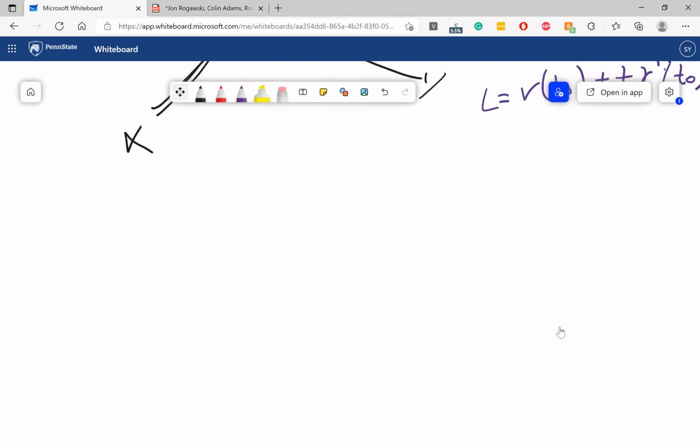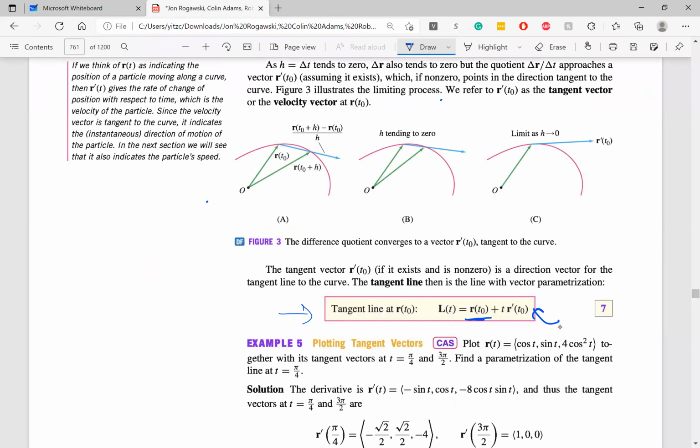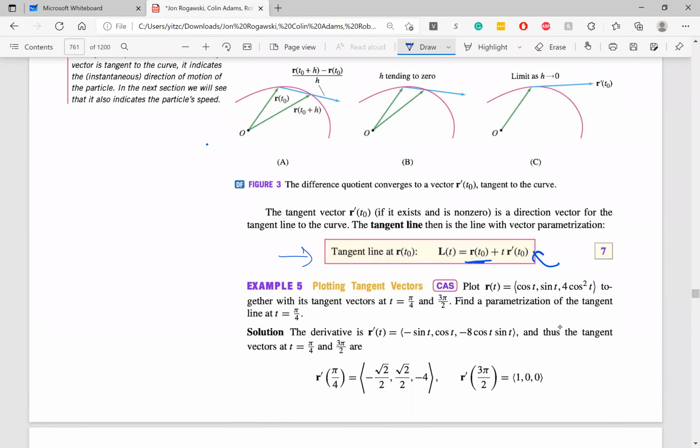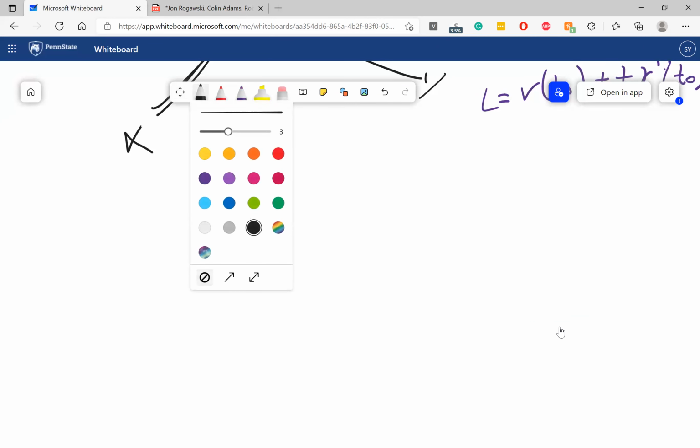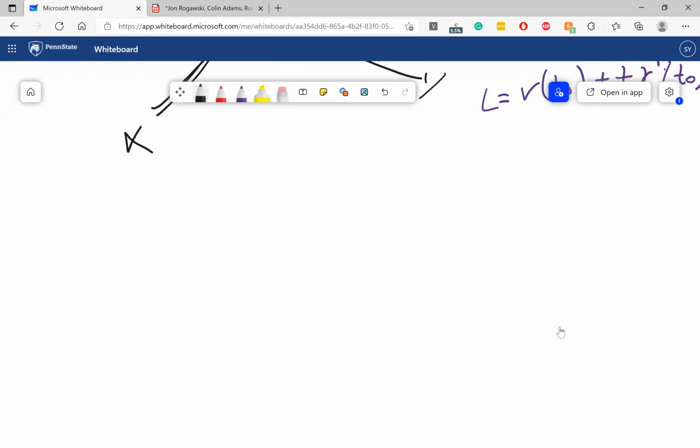So let's do an example. Let's start with something simpler. Let's imagine our curve r of t is equal to t squared, t, and 1.